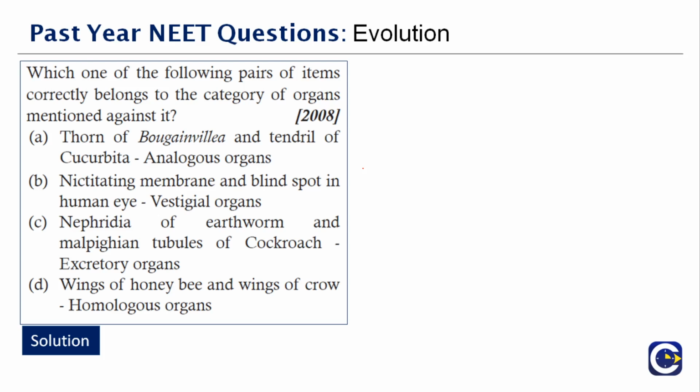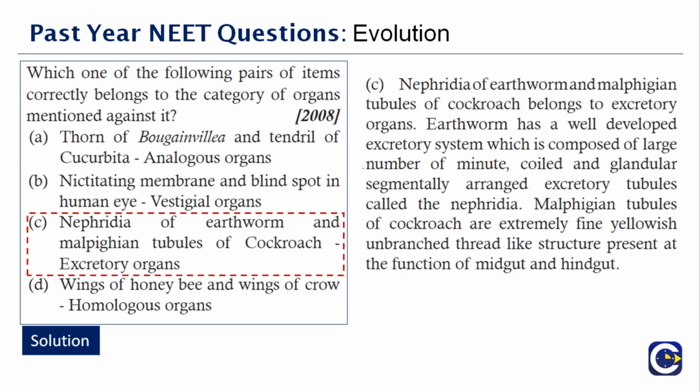Malpighian tubules of cockroach are extremely fine, yellowish, unbranched thread-like structures present at the junction of the mid-gut and the hindgut. So the rest of the options are wrong, while the right one is option C.